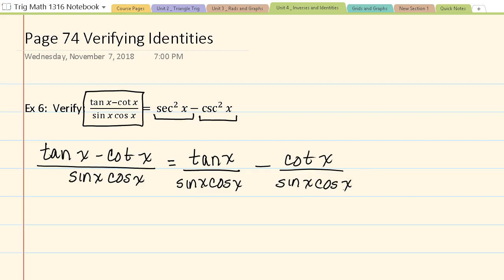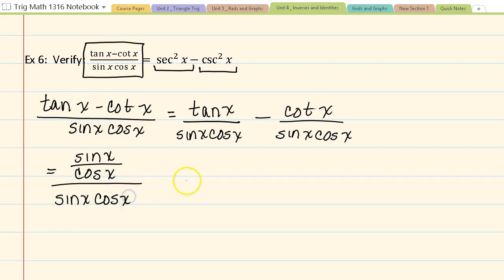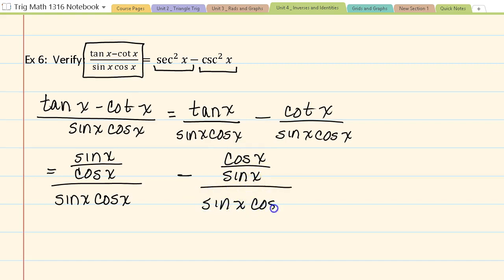And since I already have everything in terms of sine and cosine in the denominator, let's do the same thing in the numerator. So I'm going to change tangent to sine x over cosine x, and I still have my sine x cosine x at the bottom, minus, and then I'm going to change my cotangent to cosine x over sine x, same denominator, sine x cosine x.